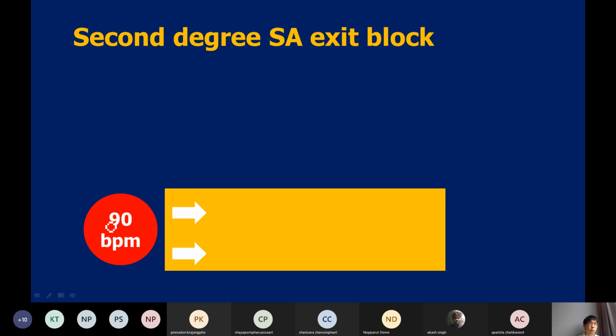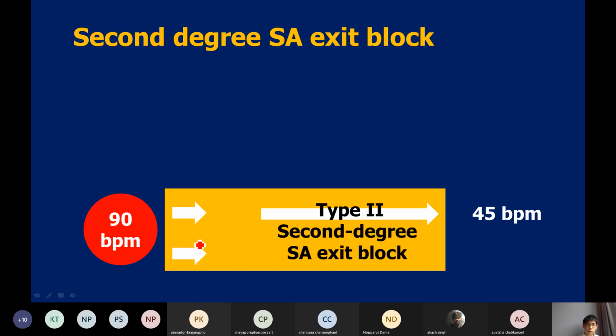It generates the normal impulse of 90 beats per minute, and the impulse travels into the perinodal area. The impulse can only exit half of the time, so it exits at 45 beats per minute. This is called type 2 second degree SA exit block.